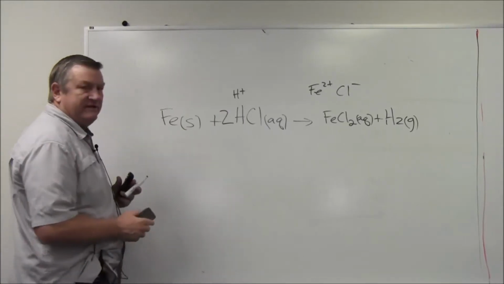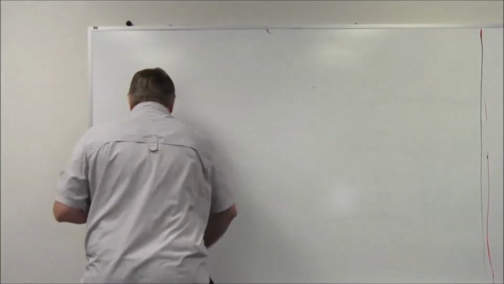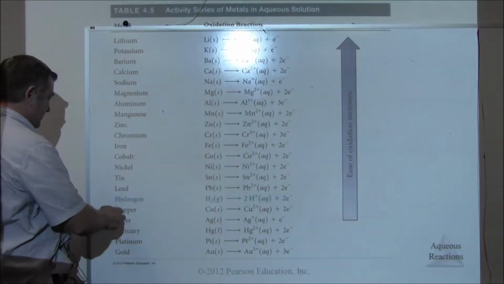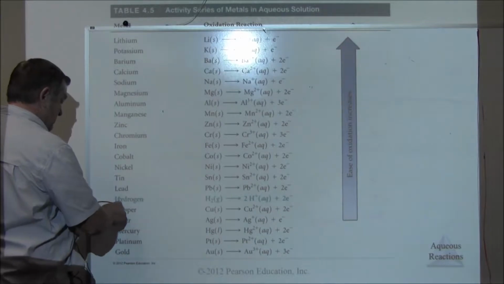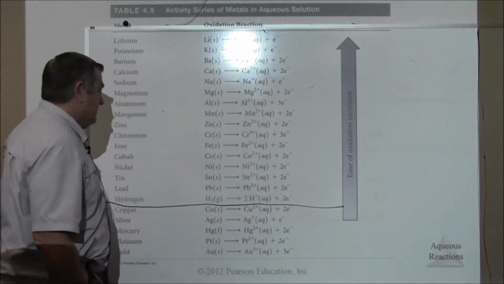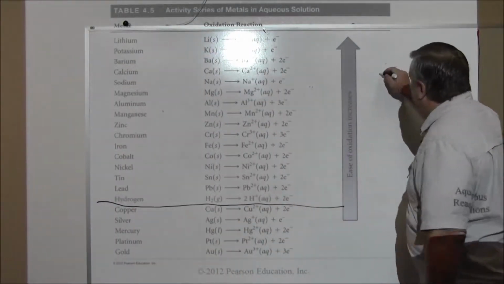Let's look at the activity series. Let me tell you more about this one. Okay, we're going to put a line here. The metals above hydrogen are called active metals.